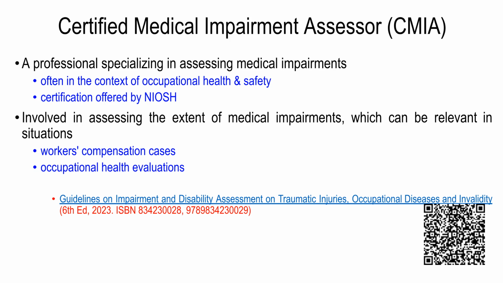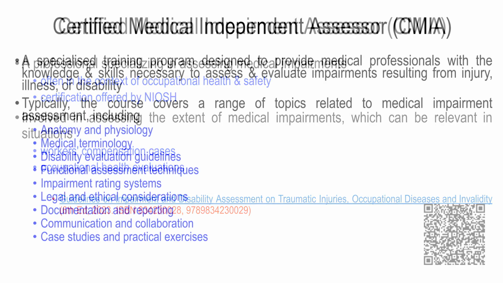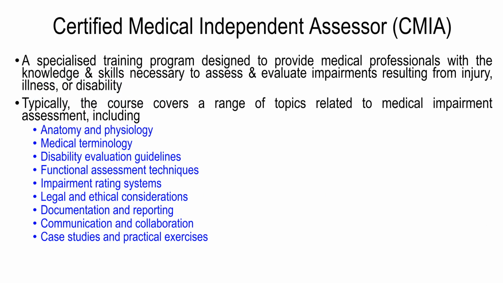They are involved in assessing the extent of medical impairments relevant to workers' compensation cases and occupational health evaluations. The CMIA training program provides medical professionals with the skills to assess and evaluate impairments. Topics covered include anatomy, medical terminology, disability evaluation guidelines, functional assessment techniques, and legal and ethical considerations in impairment rating.